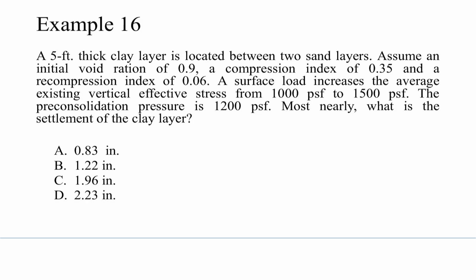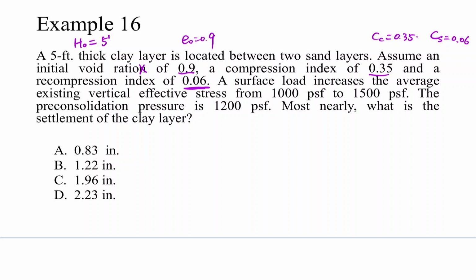Well, we still have a bunch of information. Let's do a summary: the height of the soil is 5 feet and the initial void ratio, sorry, this is a ratio, not ration, so the e naught is 0.9 and we have the C sub C is 0.35. And we now have a recompression index. So this is something new and we would use the C sub S, that is 0.06.